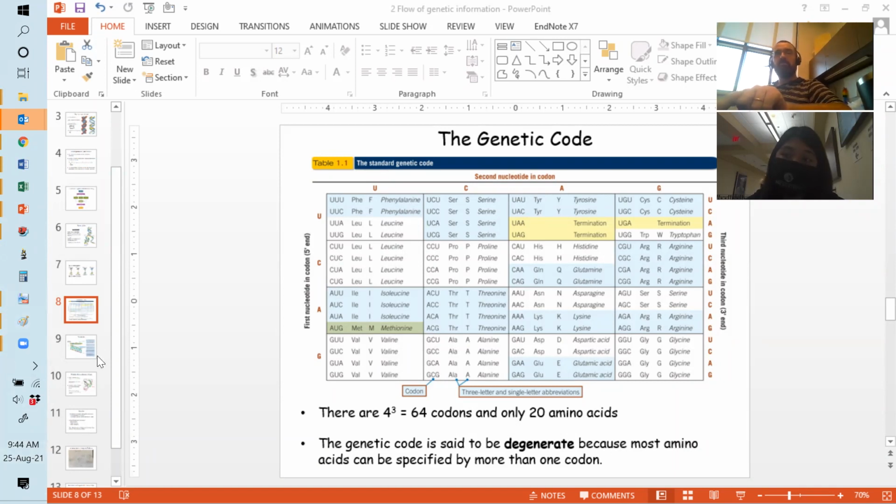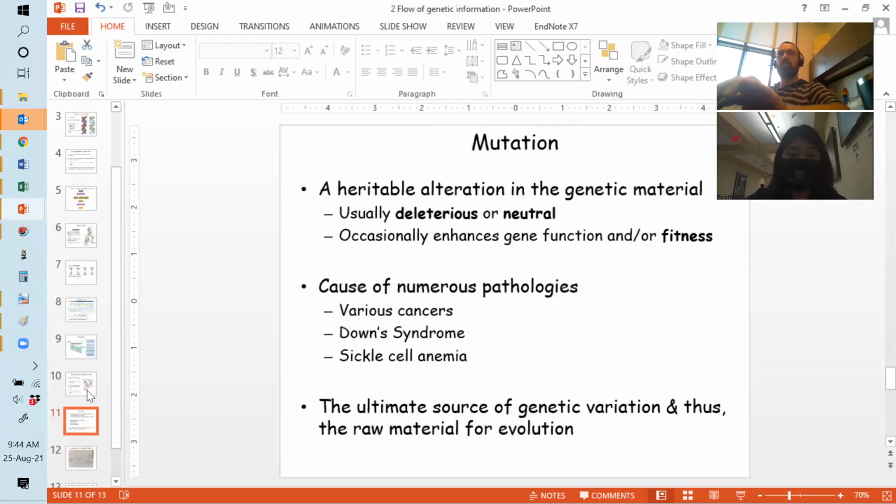Anyway, just quickly to kind of wrap up. Obviously, DNA can change, right? Actually, it can change in many different ways.